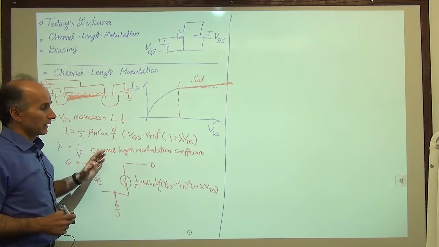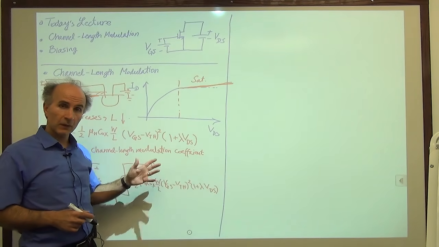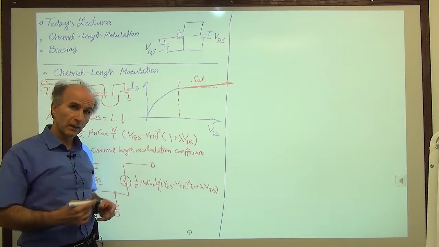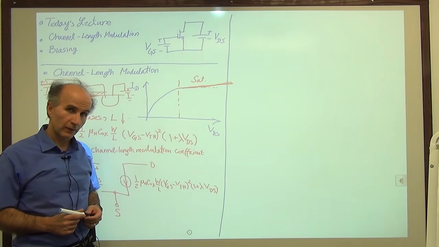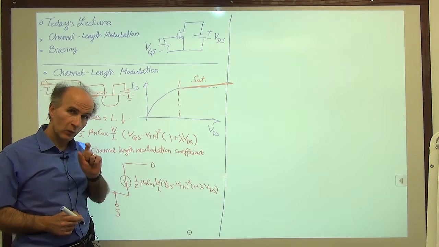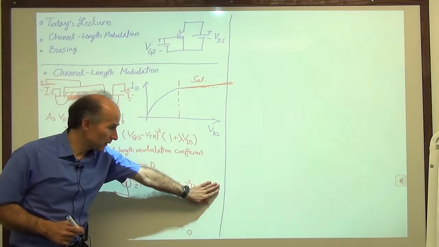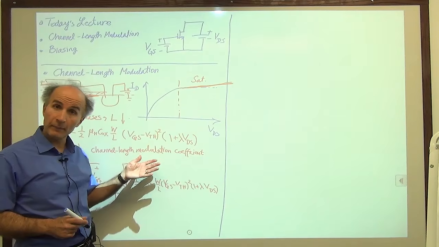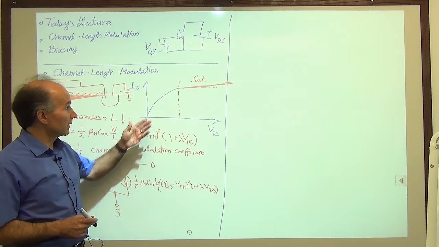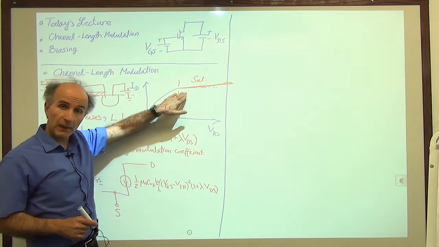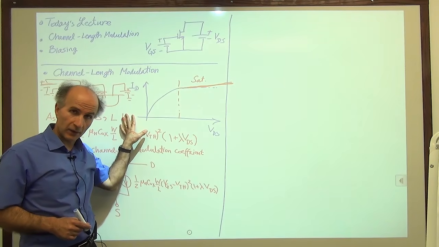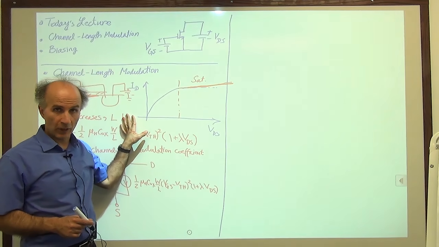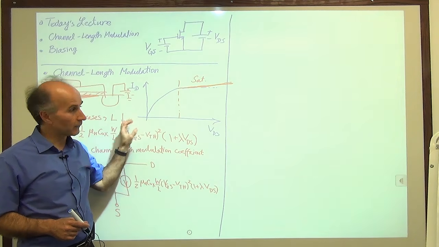And in our calculations from now on, sometimes we include this, sometimes we don't, depending on the accuracies that we are looking for. So if I write lambda equals 0, that means channel length modulation is neglected. And those of you who are familiar with bipolar devices see the resemblance between this behavior here, channel length modulation, and the early effect in bipolar transistors.